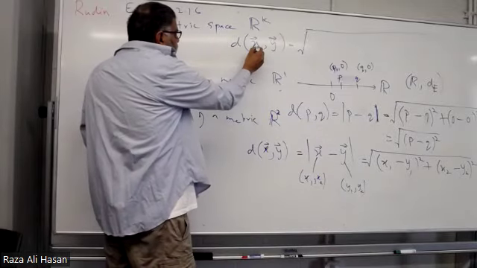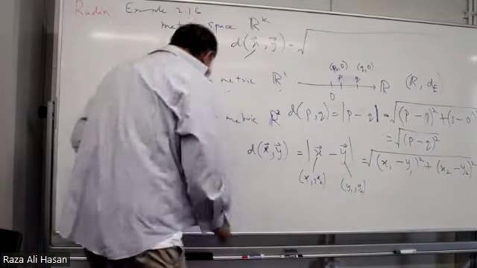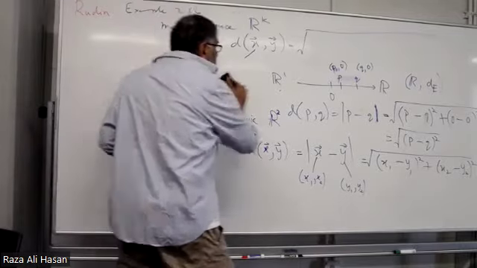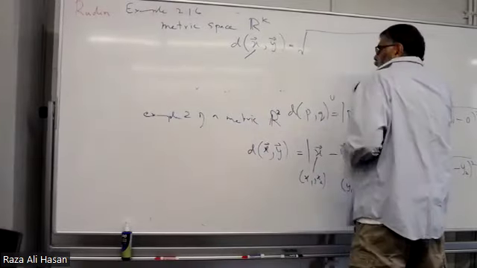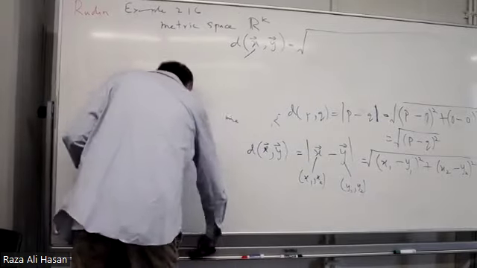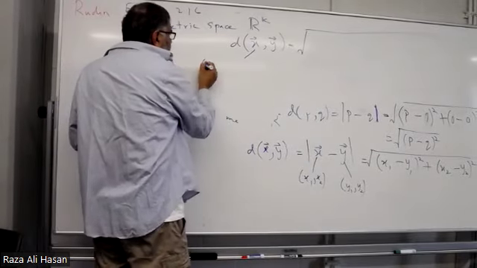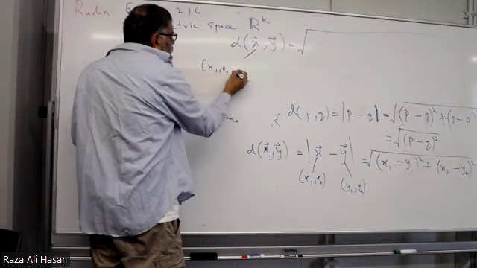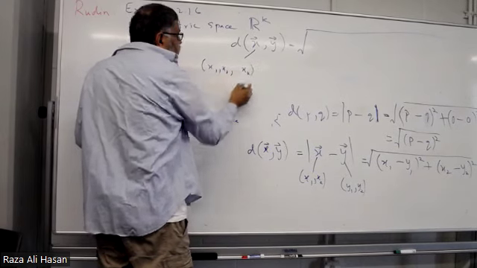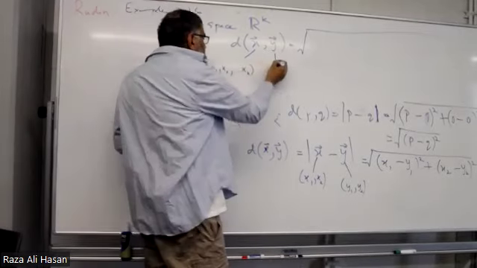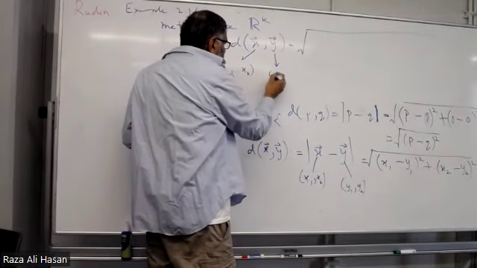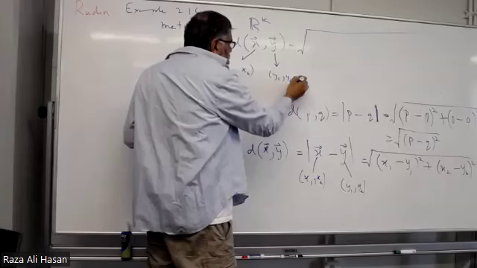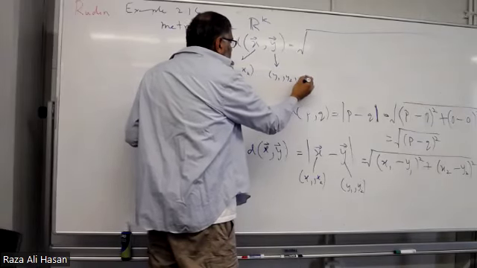So each one of these, let me delete this here. Each one of these, sorry guys, are x1, x2, xk. And then this guy is y1, y2, yk.